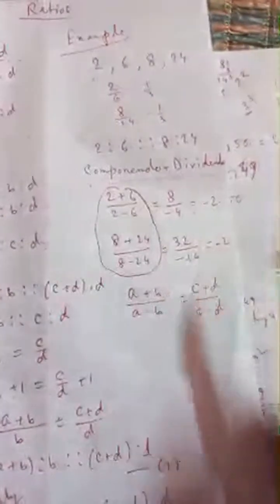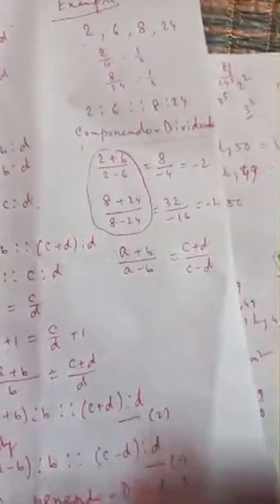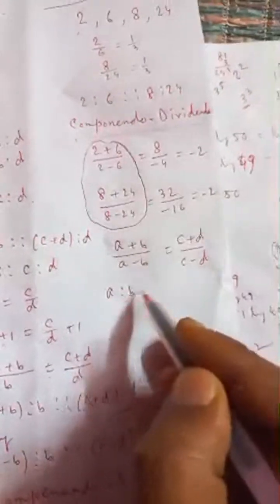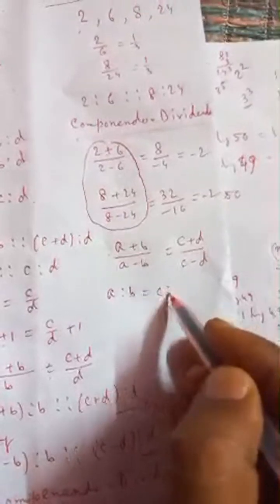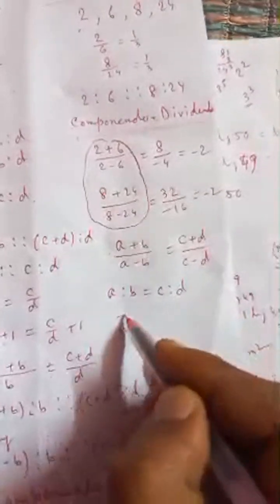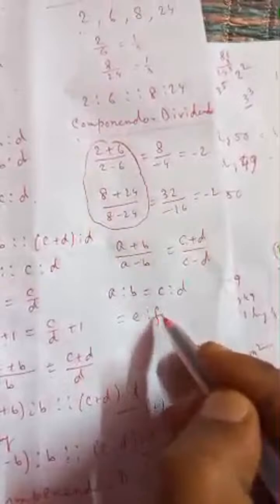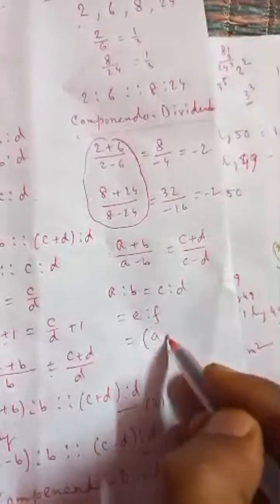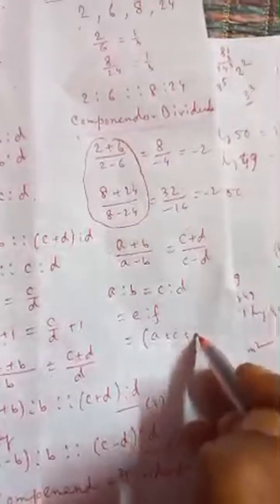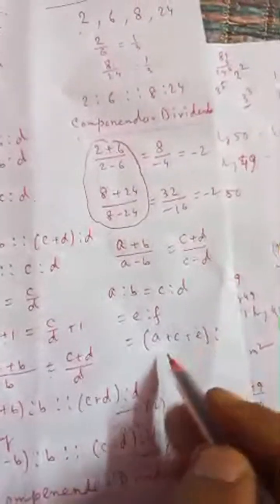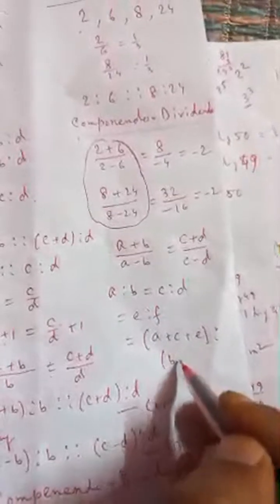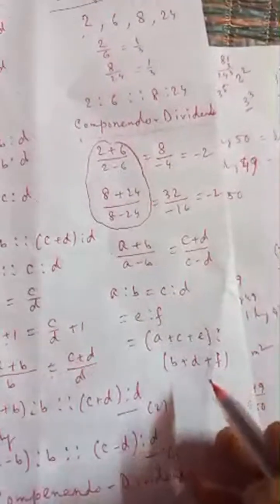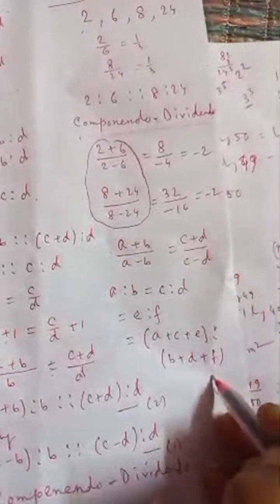And another procedure is if A is to B is equal to C is to D is equal to E is to F, then we have A plus C plus E is to B plus D plus F. So this can also be very easily proved.